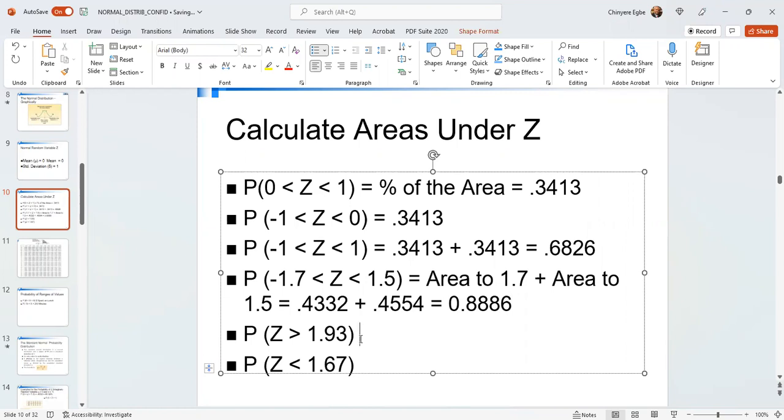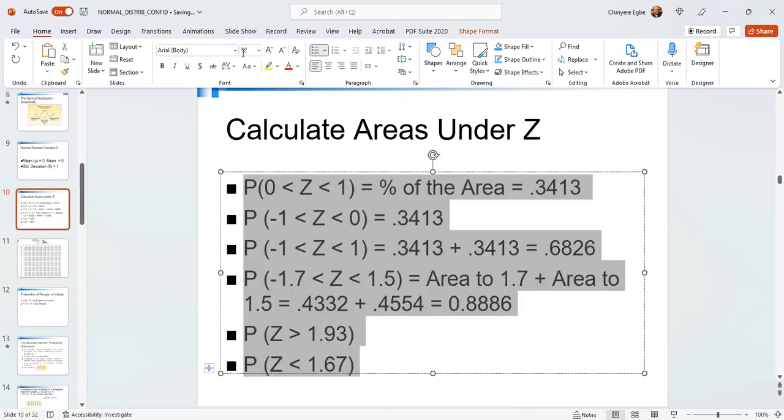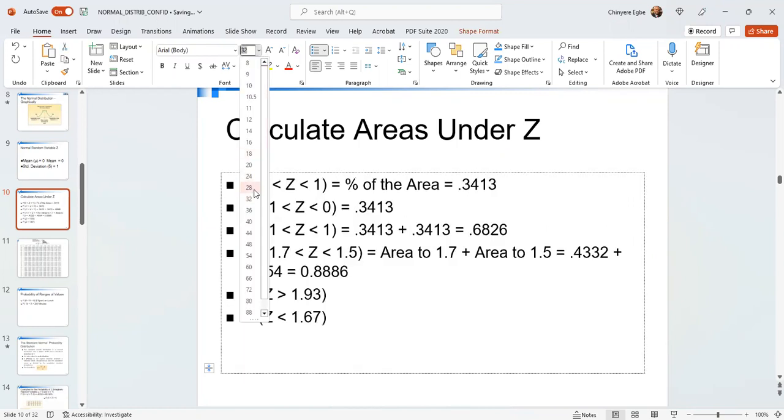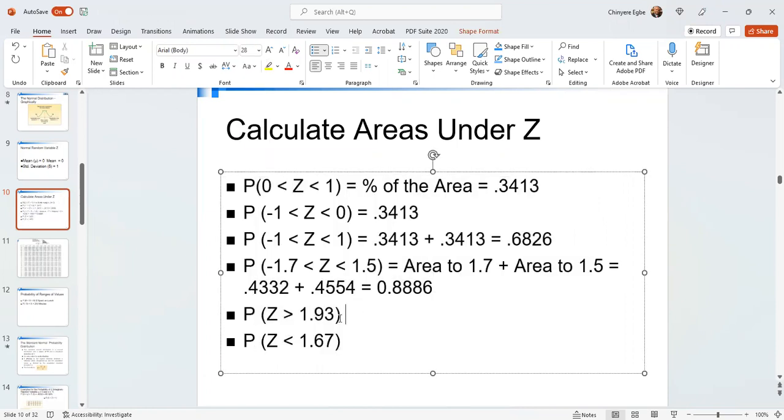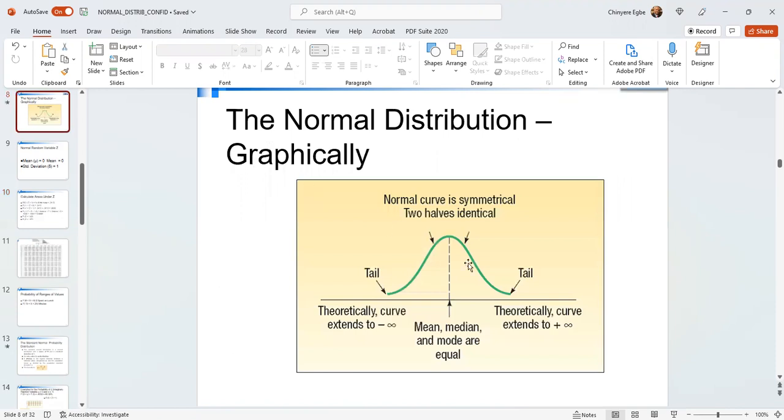So now we have to find the area that is greater than 1.93. Okay. So you're looking at the curve and you have 1.93 on the right side, and you're looking at the area above 1.93, which is the area under this small part of the curve.